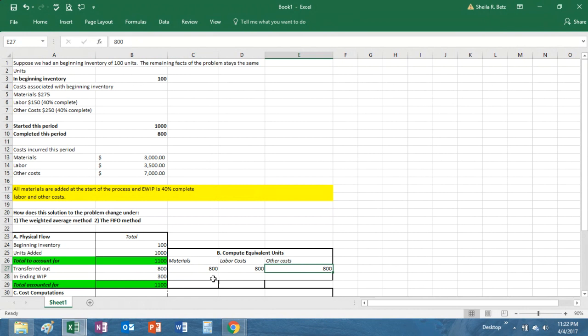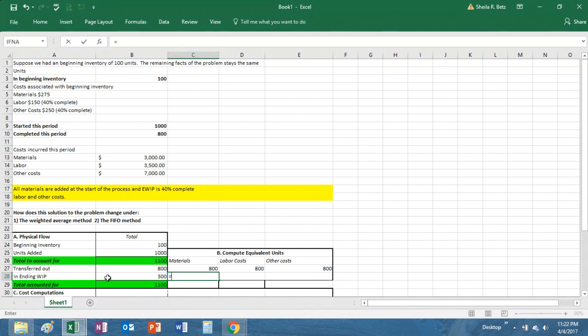However, for those 300 units in ending inventory, it tells us here in yellow that all materials are added at the start of the process and ending WIP is 40% complete for labor and other costs. Whenever it says materials are added at the start of the process, that means they're 100% finished.